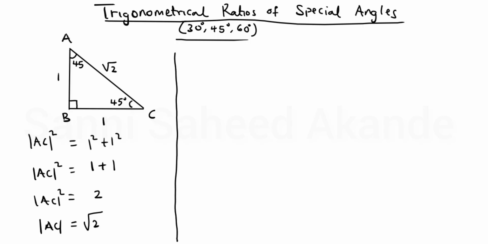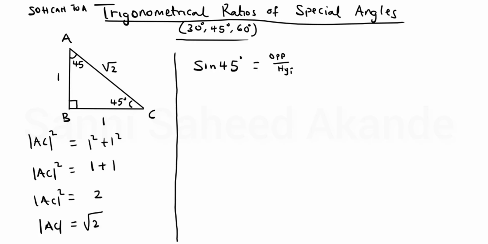Now let's begin with sine 45 degree. So you remember the SOH CAH TOA I told you about? That's what we are going to be making use of. Sine 45 is the SOH of the SOH CAH TOA. Let me keep it here so that you will be looking at it. Okay, so sine 45 is opposite over hypotenuse.